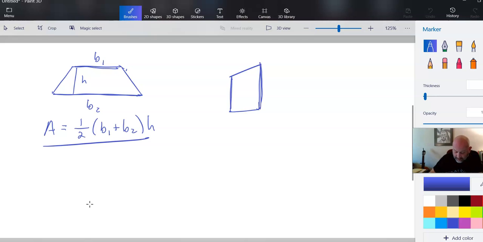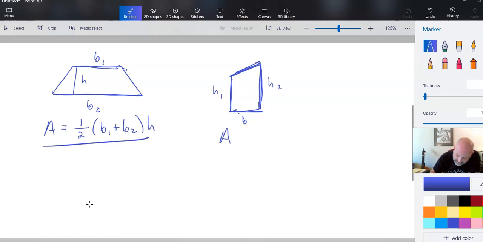They look like heights now. To make the formula make a little more sense, if we're oriented this way, we'll call this height 1 and height 2, and then we'll call this the base, right? So these are now height 1, height 2 instead of base 1, base 2. Since we turned it on its side, base and height reverse.